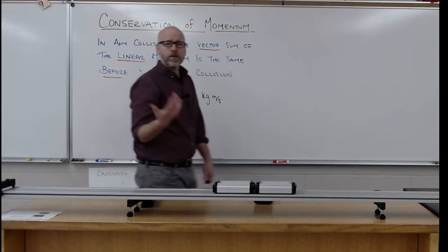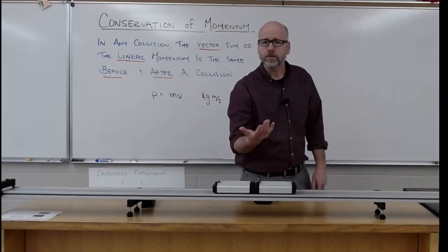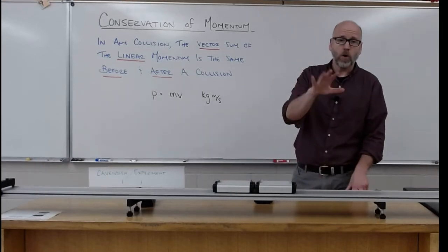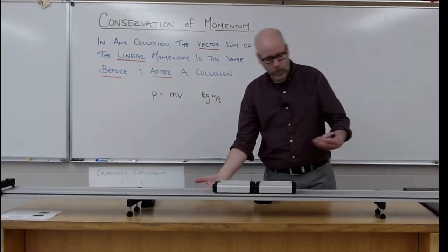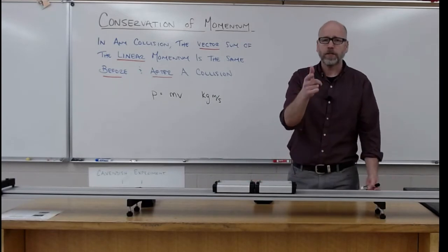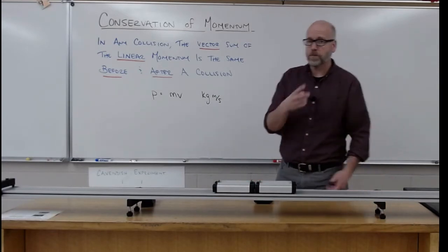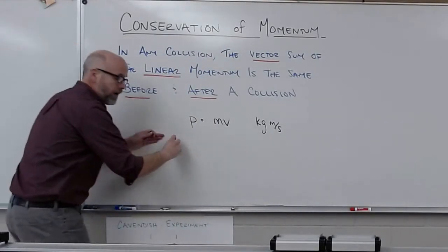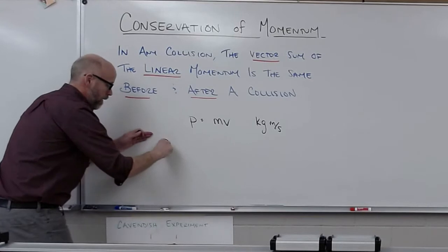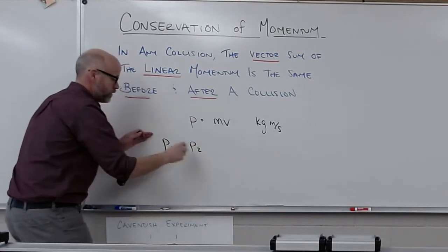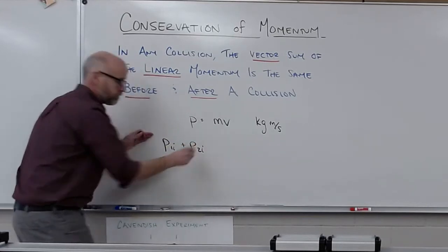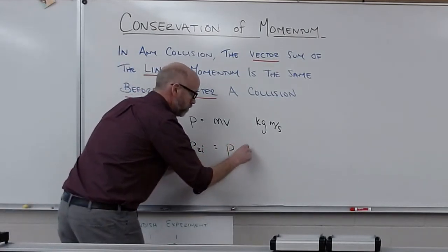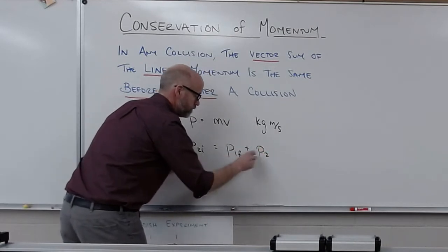Now, when we're talking about a collision, that implies that there are at least two different objects that are going to collide. So if we look at the momentum before and the momentum after, we need to take into consideration those two objects. So when I write out the law of conservation of momentum, I write it as p1 plus p2 initial equals p1 plus p2 final.